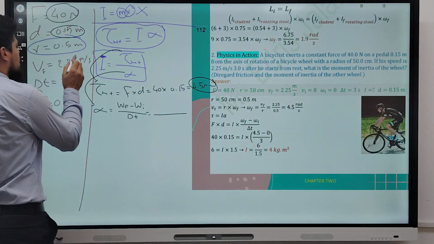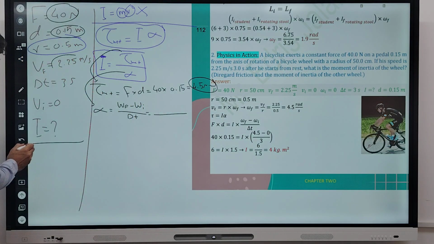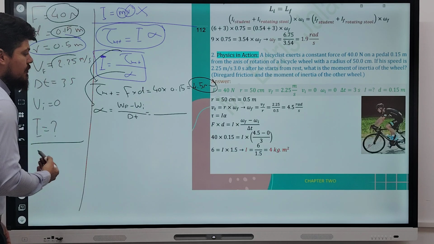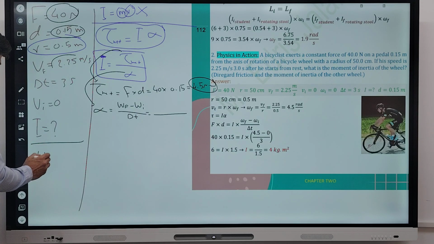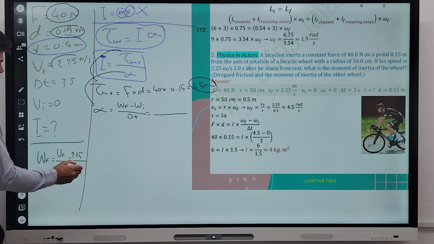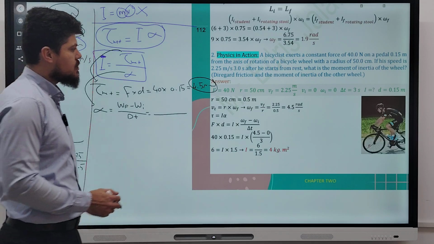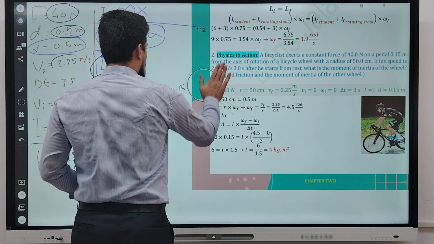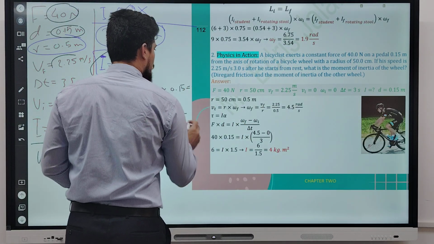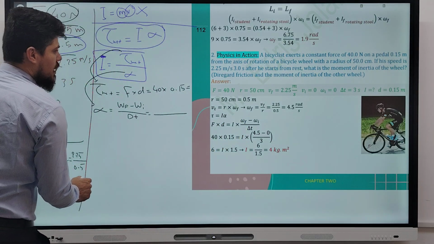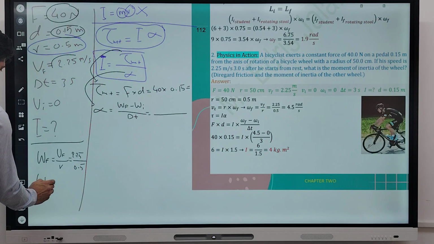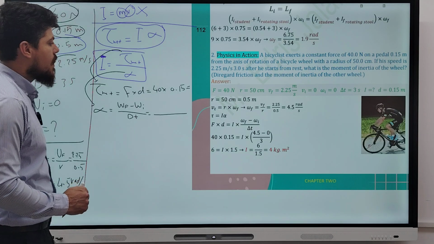Do we have omega final? Sorry, we didn't have, but we can find it. There is a relation between omega final and the final linear speed. Omega final is equal to V final over R, 2.25 divided by 0.5, which is 4.5 radian per second.